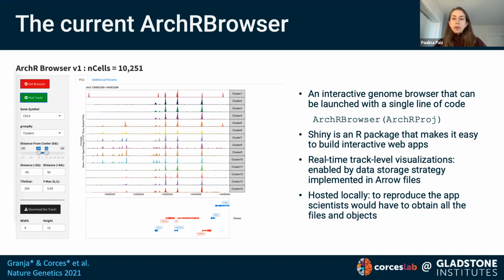And it is possible thanks to a data storage strategy used by ArchR, which I will explain later, but it's called arrow files. And this enables real-time track level visualizations. However, it is hosted locally, and so to reproduce the app, scientists would have to obtain all the files and objects, which if you have tried sharing sequencing data, you might know how much of a pain this is.